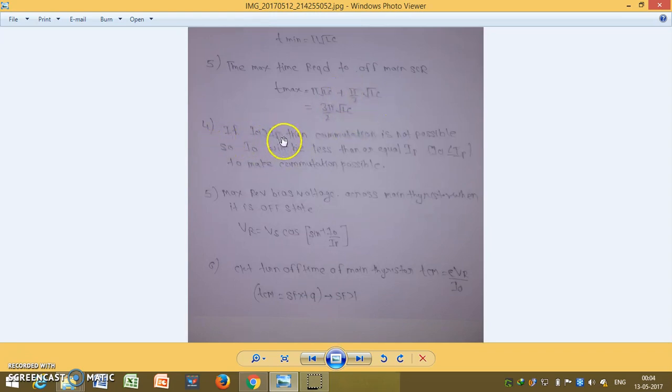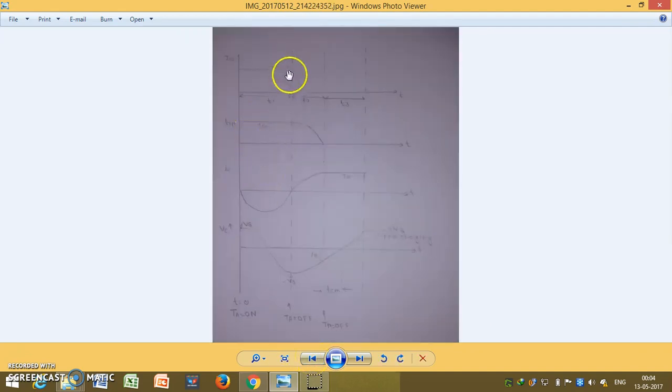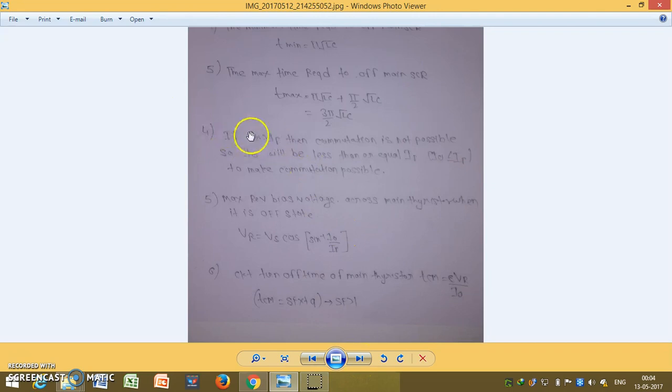If I0 is greater than IP, then commutation is not possible. So I0 will be less than or equal to IP to make commutation possible. Let's see this point. We have to make commutation possible, so we have to satisfy this condition, so that IP can catch I0 and make commutation possible.